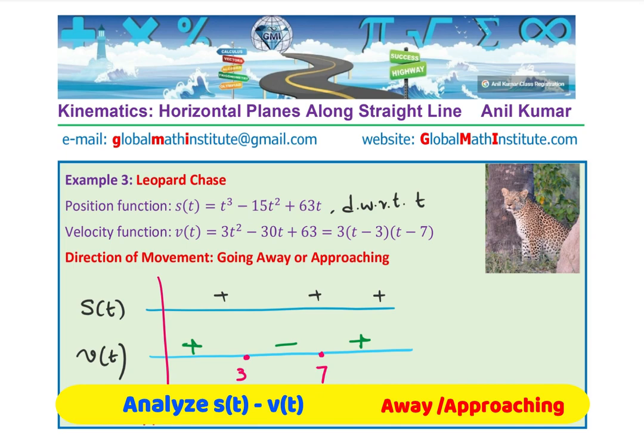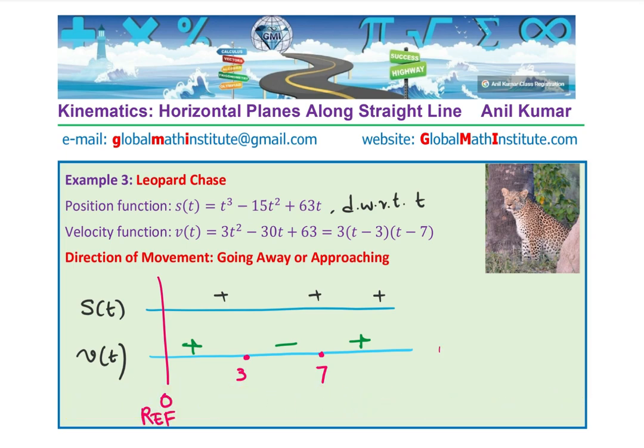From the reference position, when time t was 3 seconds, velocity was 0, but before that it was positive. So if we have positive and positive, then we can say that our leopard is going away. But when the signs are different, as in the second phase 3 to 7, then it is approaching.